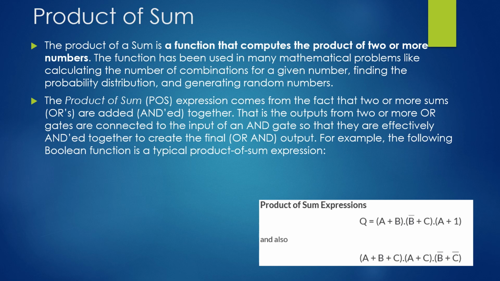That is, output from two or more OR gates are combined to the input of an AND gate. So we have the example of the product of sum, Q equal to (A plus B) dot (B plus C) dot (A plus 1). Actually the concept is sum is combined as product.